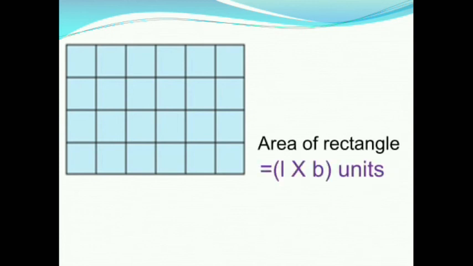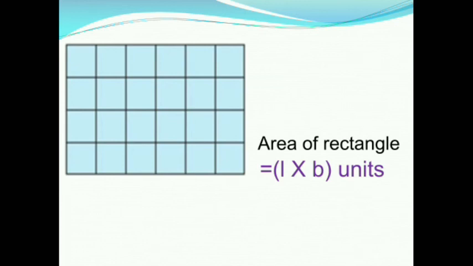Now we will find the area of this rectangle. Here, this rectangle is divided into squares of unit length. Children, what is the formula to find out the area of rectangle? Remember, children? Yes, it is L into B units. Let us count the length and breadth. First we should count the length. 1, 2, 3, 4.